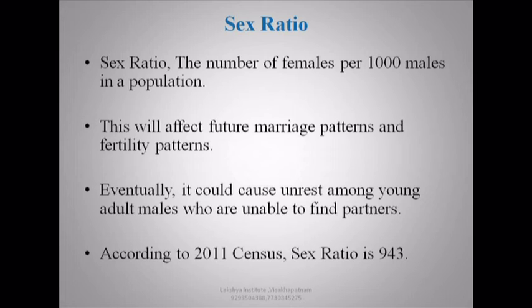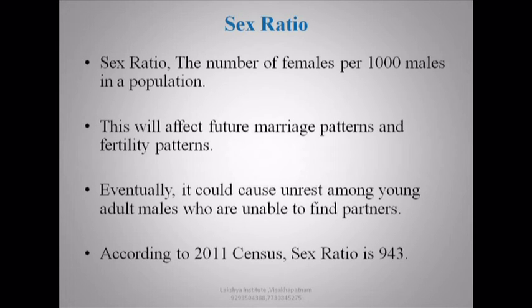Sex ratio. Sex ratio is the number of females per 1,000 males in a population. Sex ratio at birth has recently emerged as an indicator of certain kinds of sex discrimination in some countries. For instance, high sex ratios at birth in some Asian countries are now attributed to sex-selective abortion and infanticide due to a strong preference for sons.